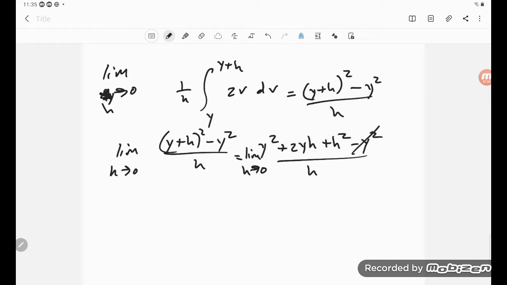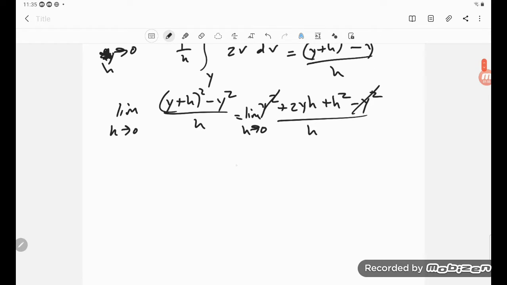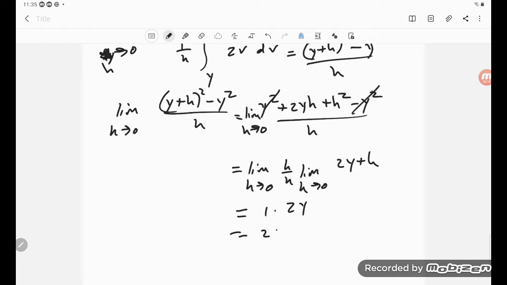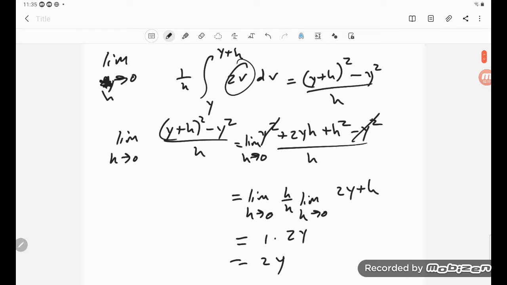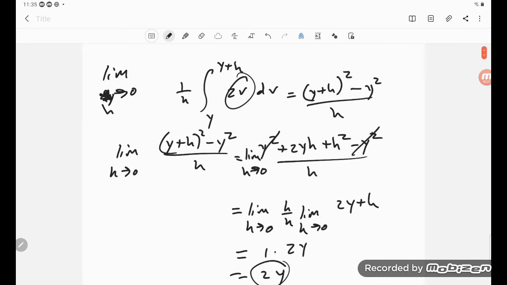And of course the y squareds cancel, and so this is equal to the limit as h goes to 0 of h over h times the limit as h goes to 0 of 2y plus h. Well, that's 1 times 2y, and we get 2y. So in other words, you see we just get back the function that was in there.